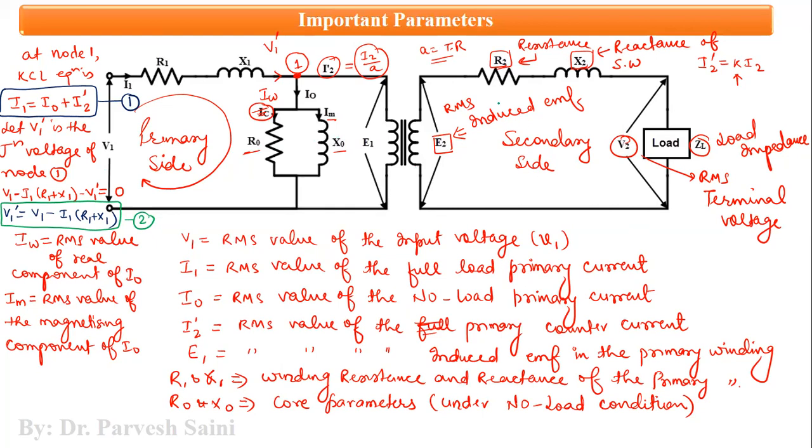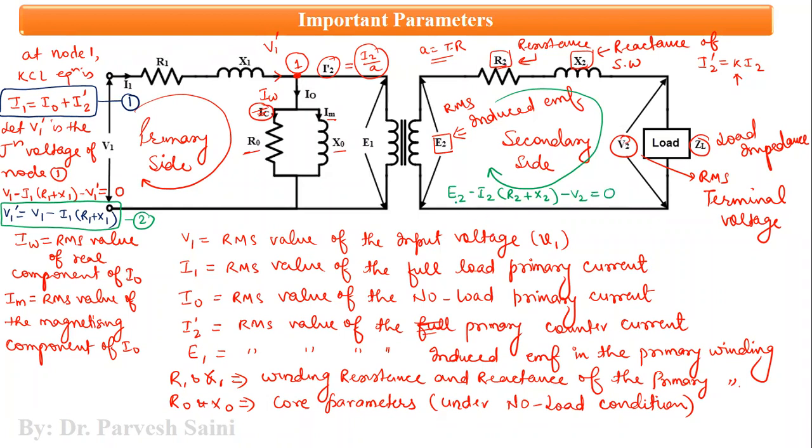Similarly, if we apply KVL in this particular loop, the equation would be E2 minus I2 (R2 plus jX2) minus V2 is equal to 0.